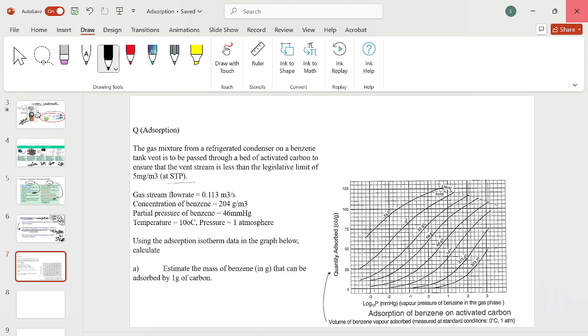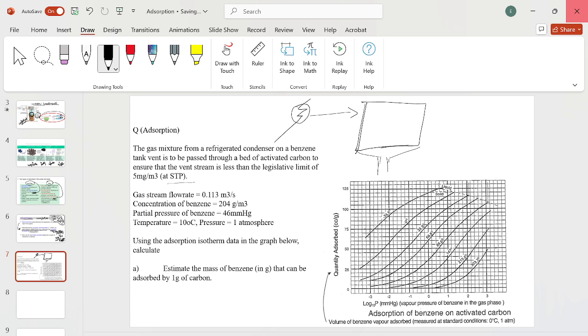So first we will understand the question. The question is saying that there is a condenser and the gas is coming out of the condenser to the adsorption column.